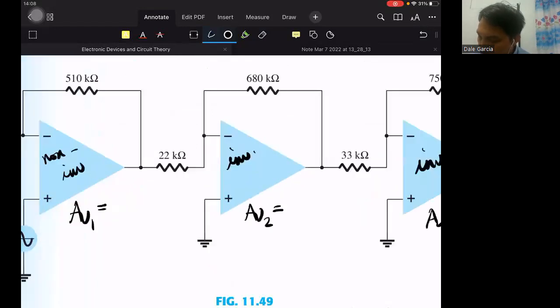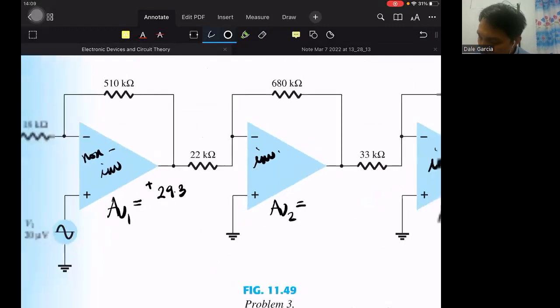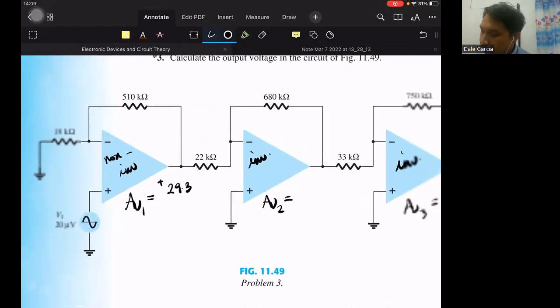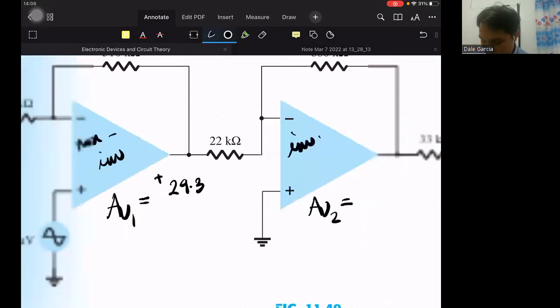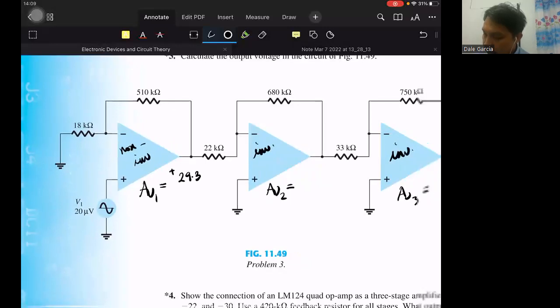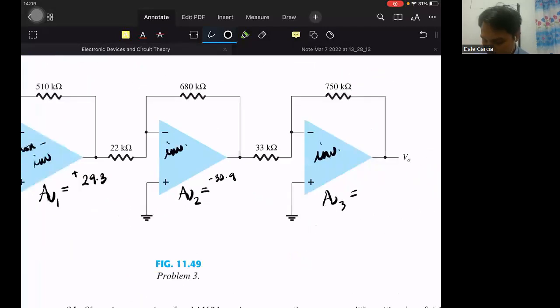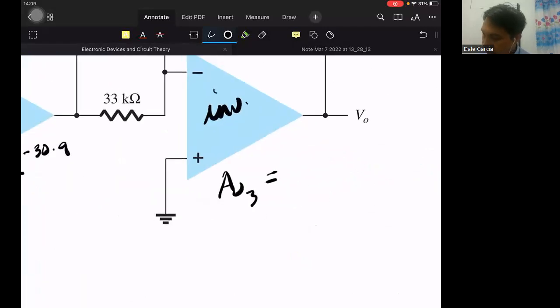The second, answer negative 30.9. And the third, negative 22.7, sir.